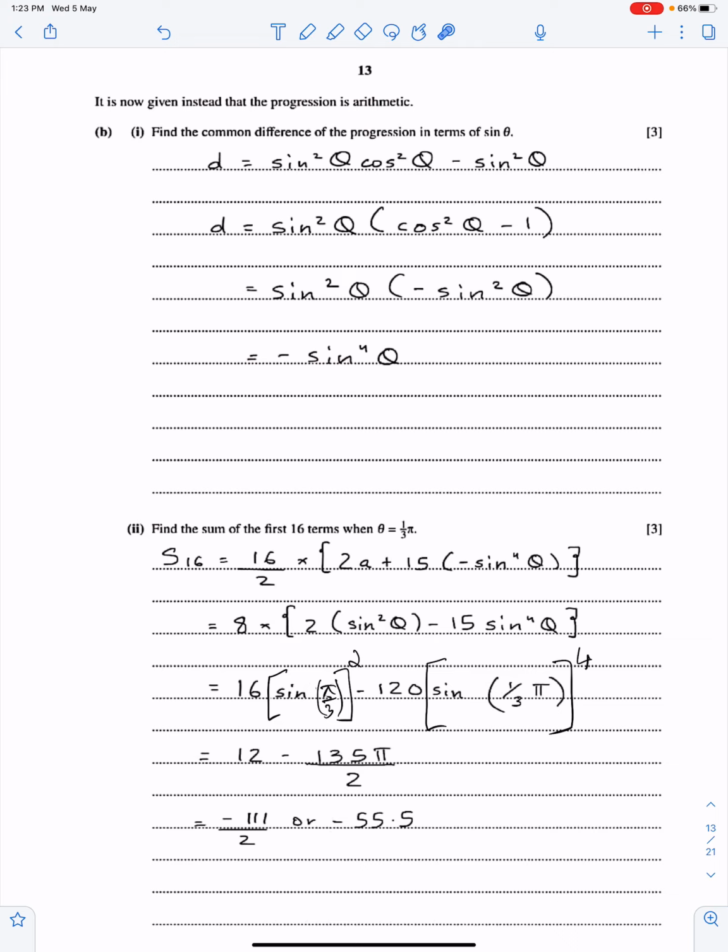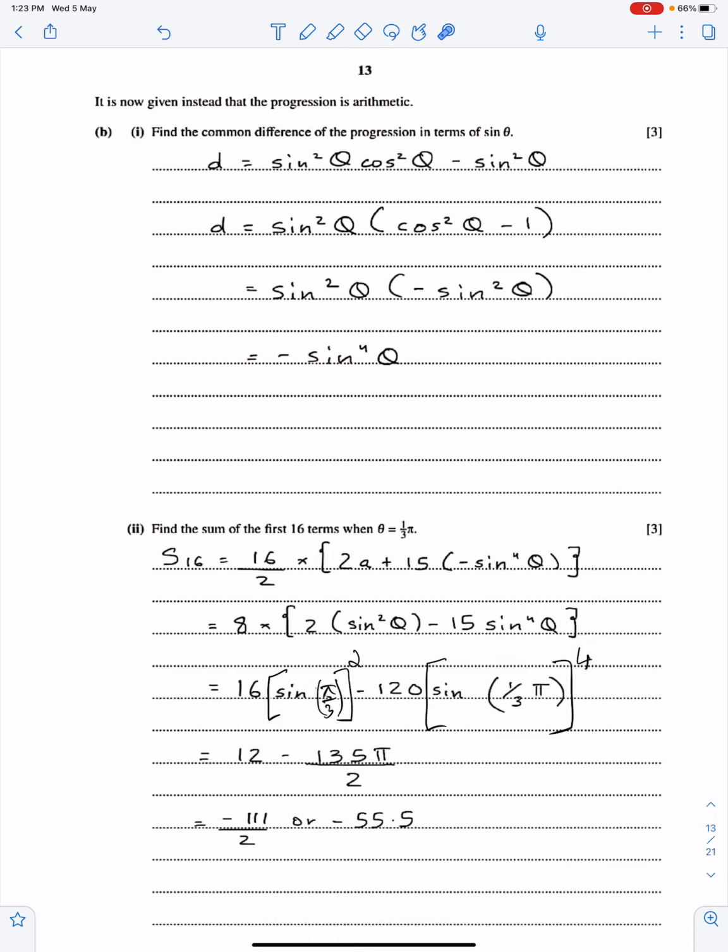It is now given that the progression is AP. Find the common difference of the progression in terms of sine theta.